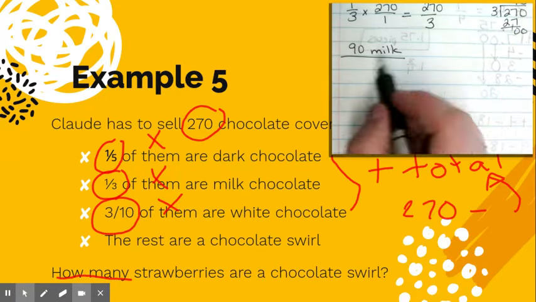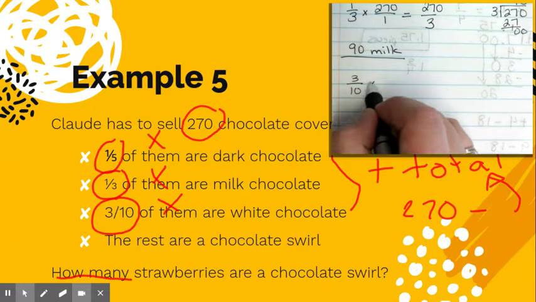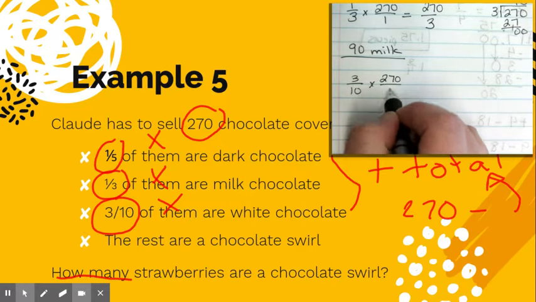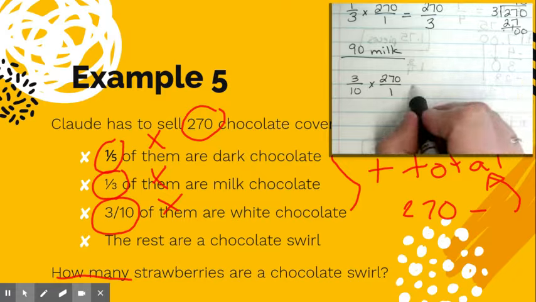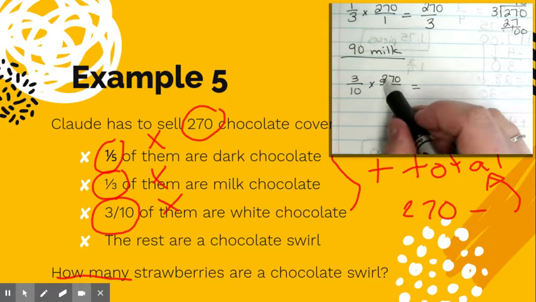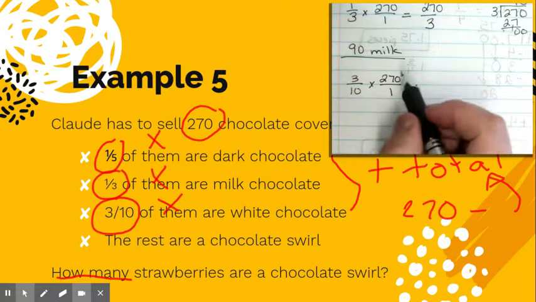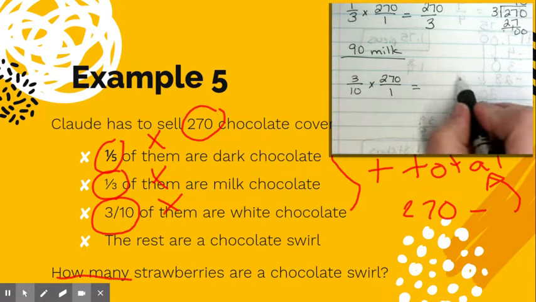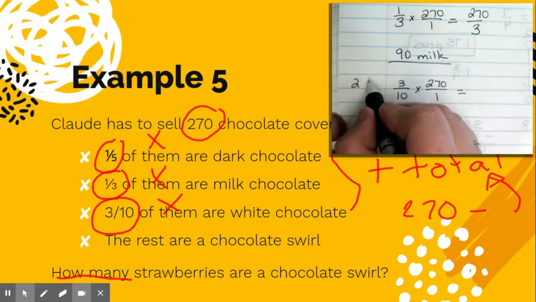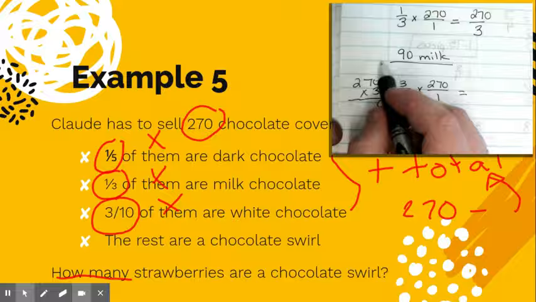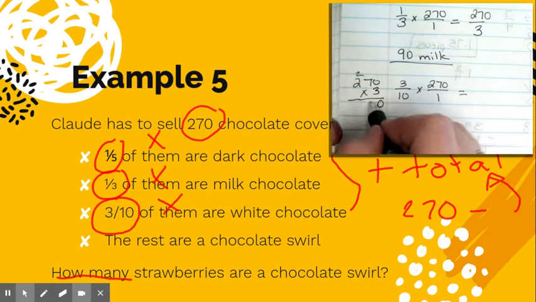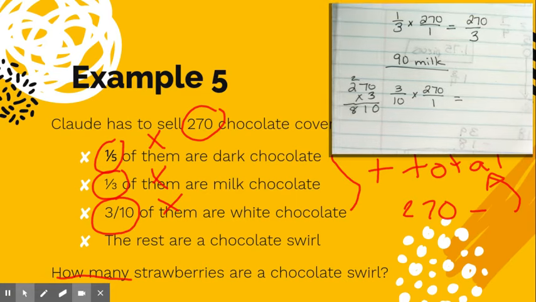Okay, and then 3/10 are white chocolate. So 270 times 3. 270 times 3. So 270 times 3, 0, 21, 6, 8, 8, 10.